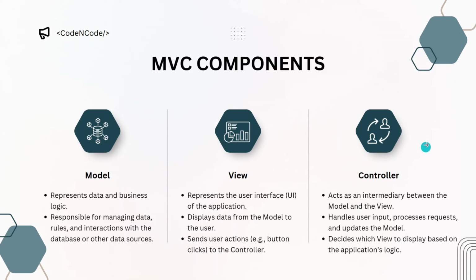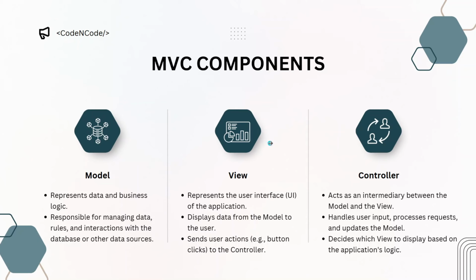Then what the controller does is act as an intermediary between the model and the view, handle user input, process requests, and update the model, right? And it decides which view to display based on the application's logic. Yes, you will define in the controller what response you need to send back to the view, right? So these are the three main components of MVC architecture. Data and its related business logic is the model.